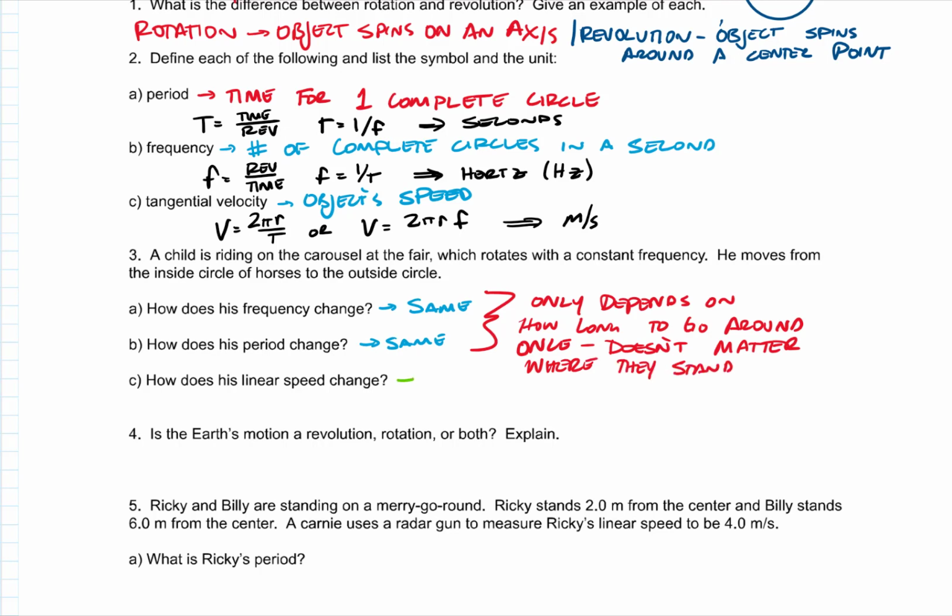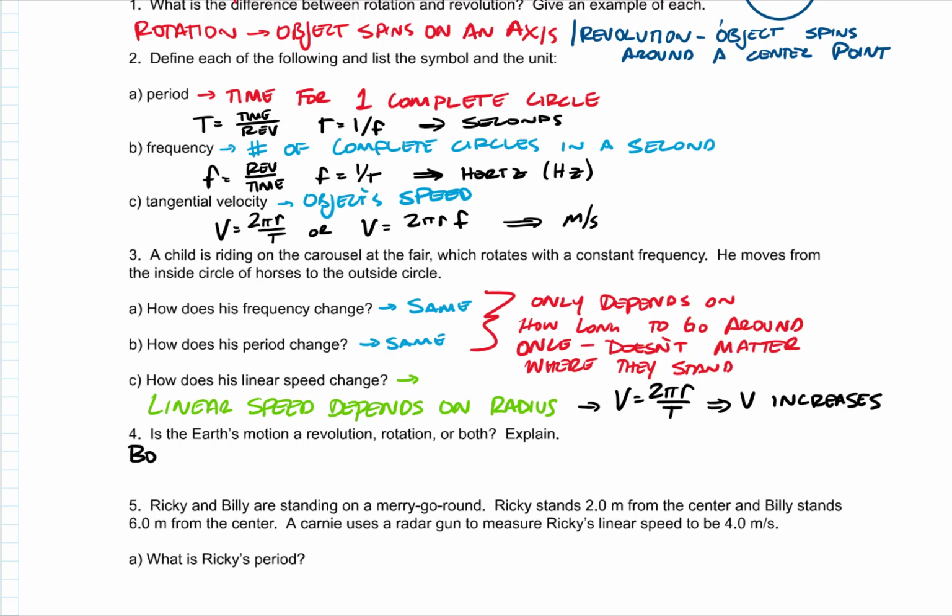The linear speed, however, changes. The farther out you go, the faster you go. The linear speed depends on the radius. If we look at that formula, it's 2 pi r over the period. The velocity increases if the radius increases.